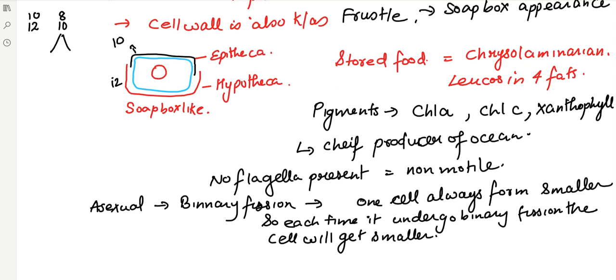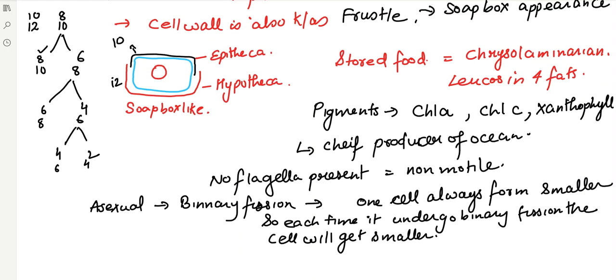Now when this cell divides, you will get a 10-8 size and another 8-6 size, because again this will start acting as a hypotheca. When it divides, you will get a cell with 6-8 size, and also a cell with 6-4 size. Then you will get 6-4 size and 4-2 size.